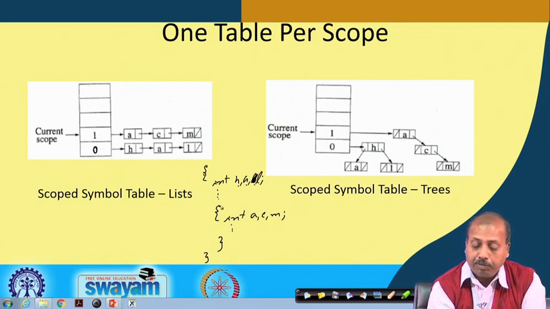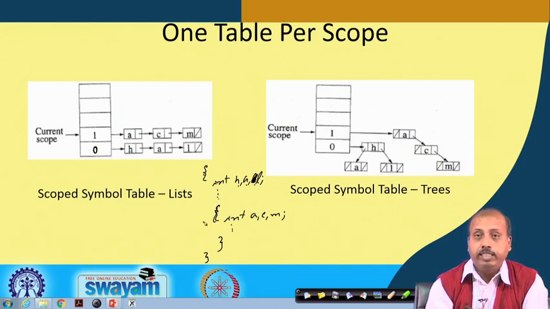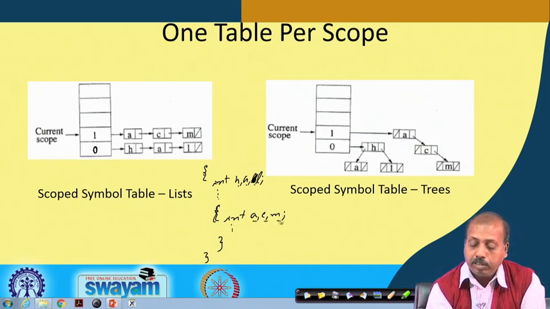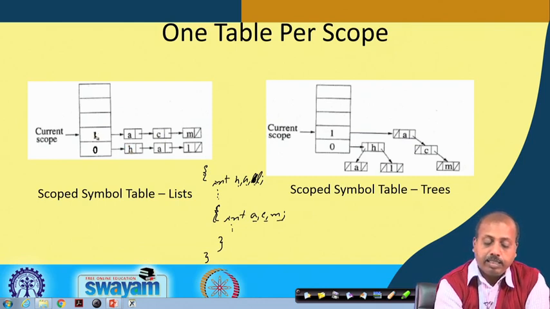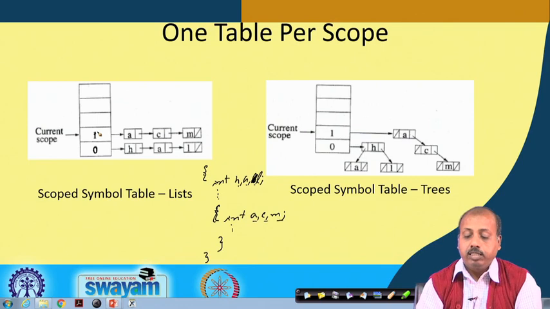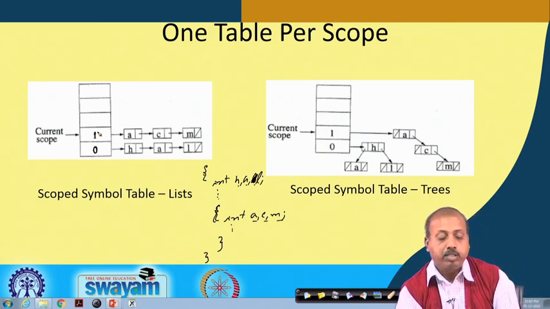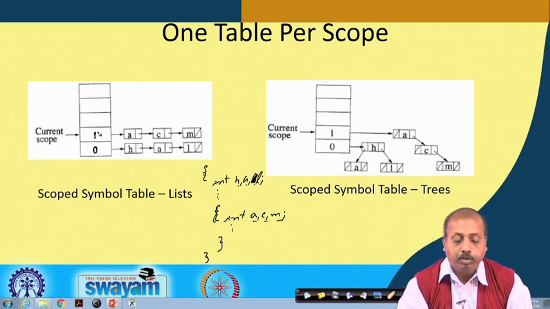Then after that we find another brace, so the nesting level is incremented, it becomes 1, and then we find these symbols A, C and M. So, they are put on a list, making the symbol table for this one, and the nesting level is equal to 1. So, that is noted here. This is the situation, one table per scope under linear table, list type of organization.